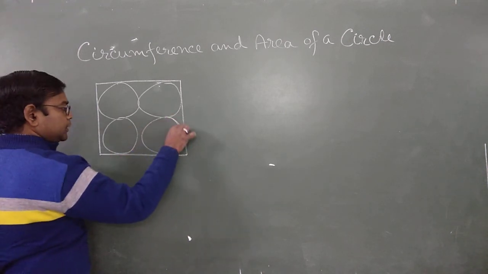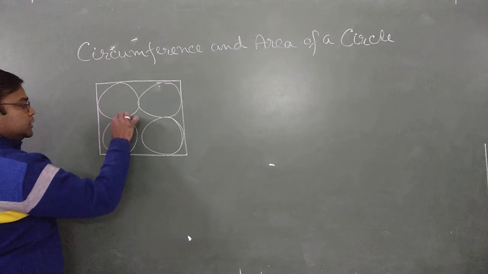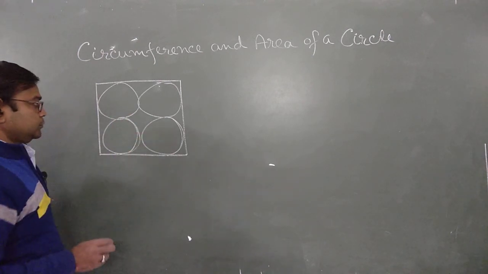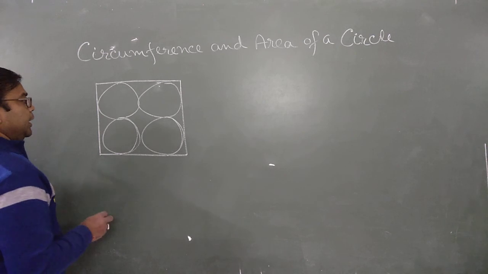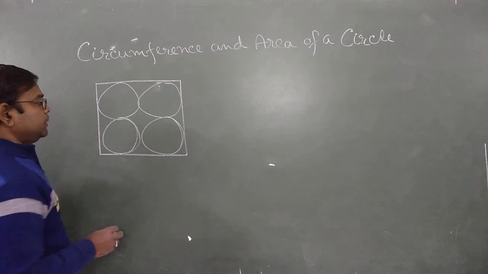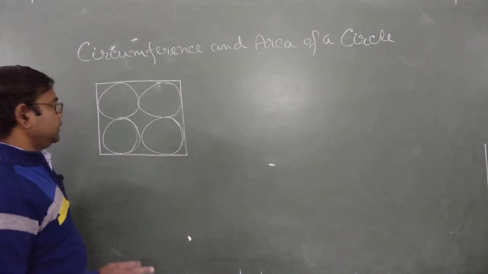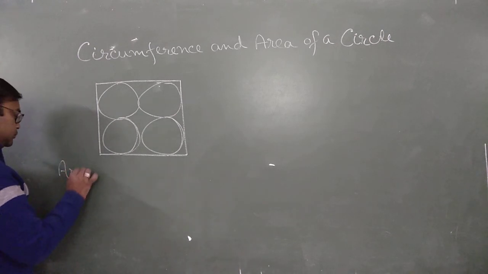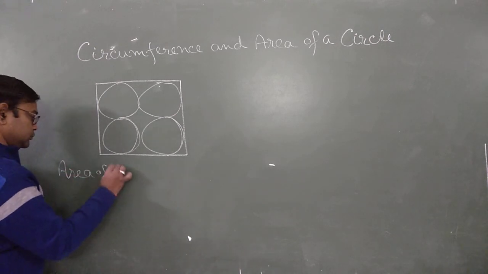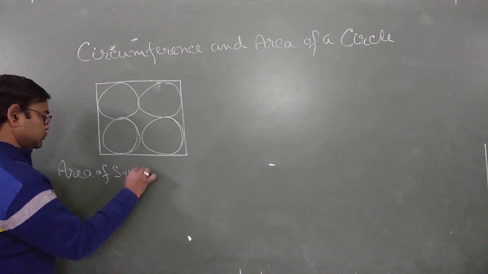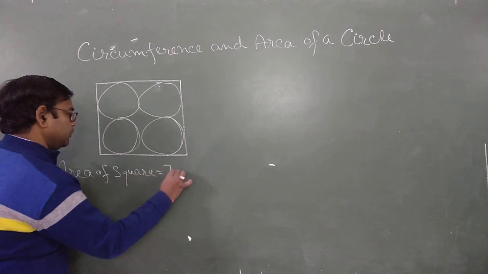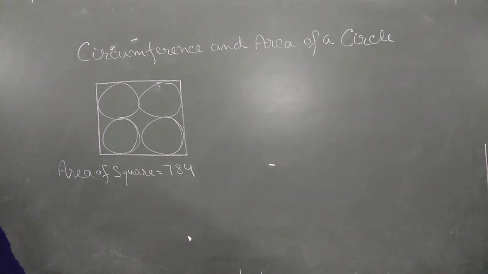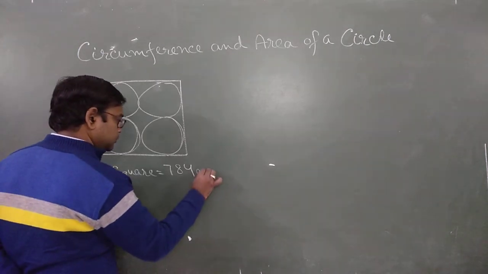Remember that the largest circle we can cut so that we have a common diameter, a common radius. In this case, the area of the square is given to you. It's 784, and the unit is centimeter square.